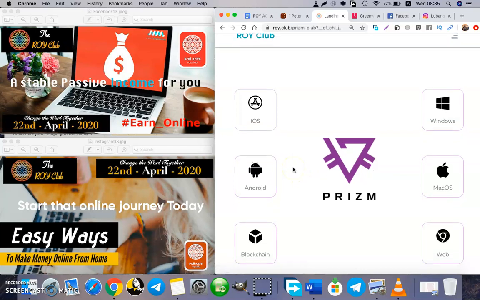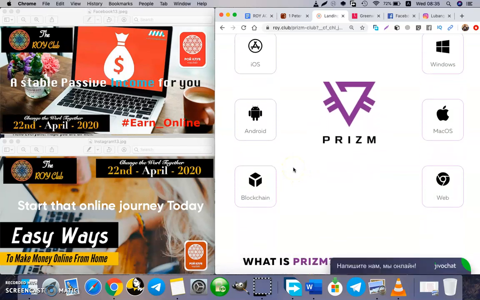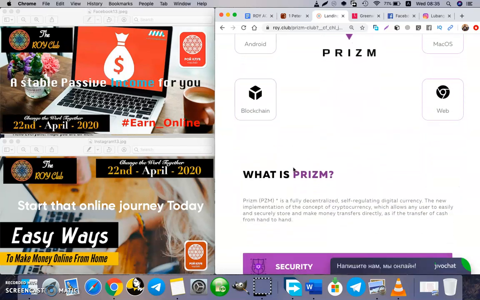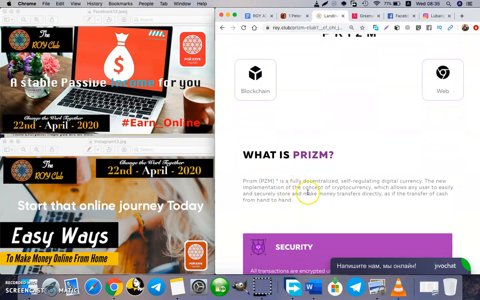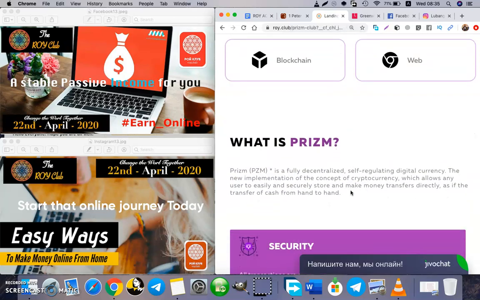And what is PRIZM? Okay, so PRIZM is a fully decentralized self-regulating digital currency, not just currency, digital, like it's online, it's virtual.